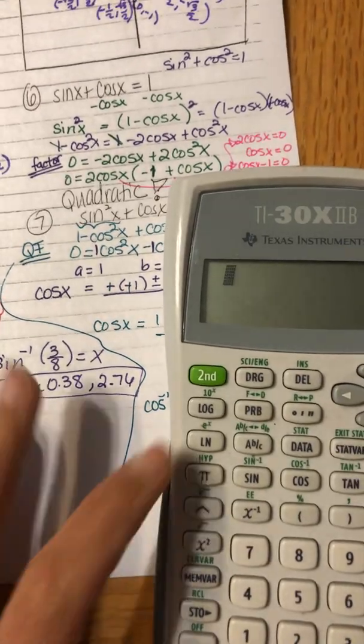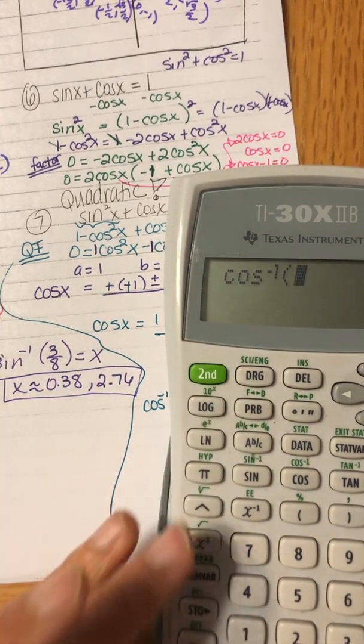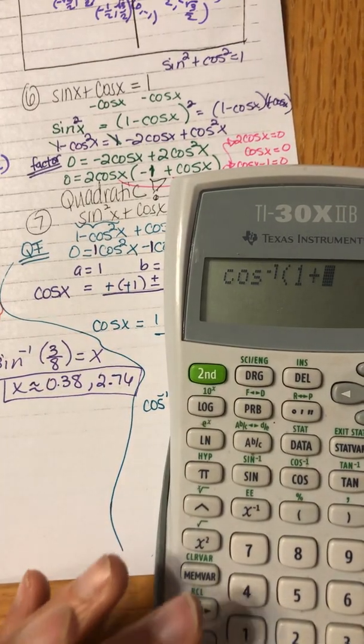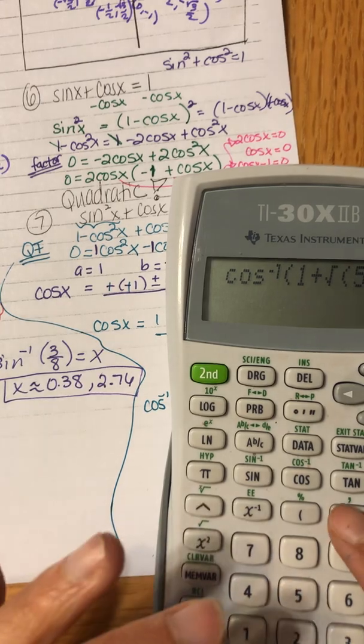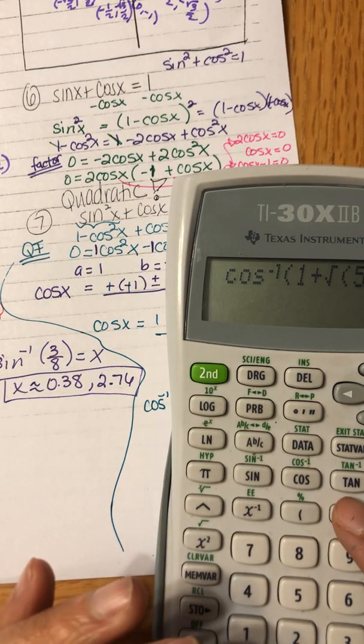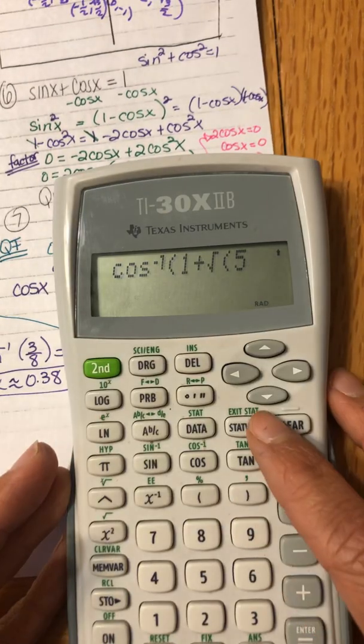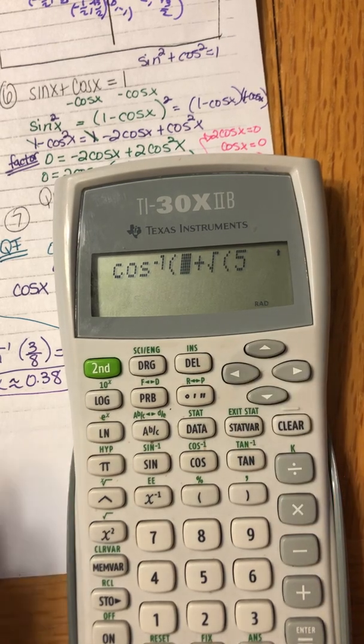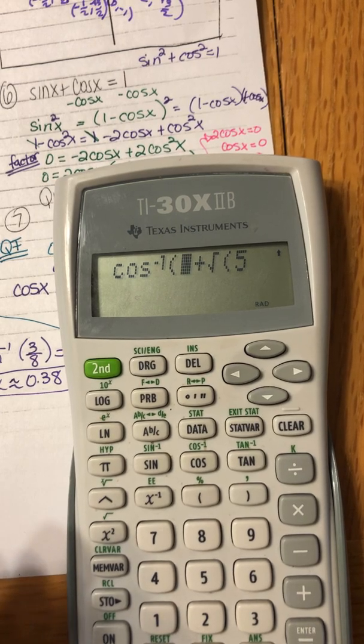Still in radians, cosine inverse of 1 plus the square root of 5. You know what, it has to be all over 2, so I'm going to back up here. I need to make sure that when I put all over 2, it divides the 1 plus the square root of 5 by 2, not just the square root of 5 by 2.